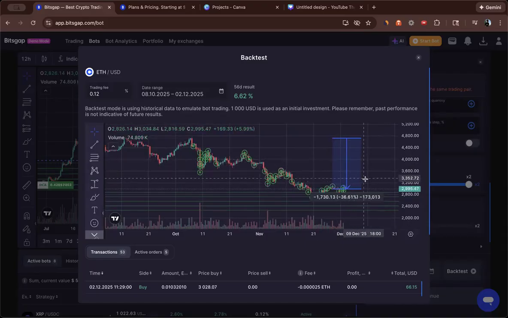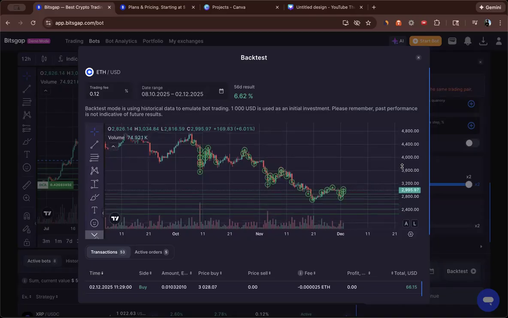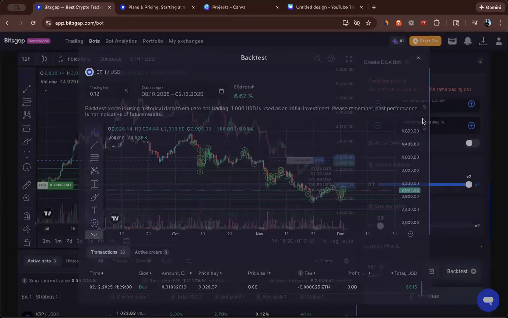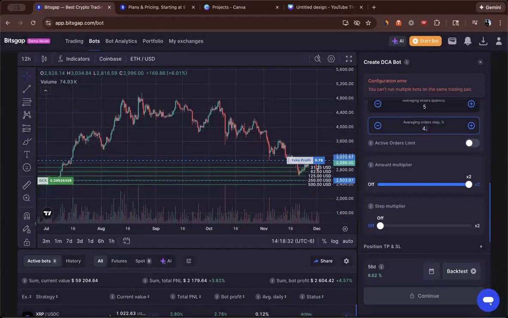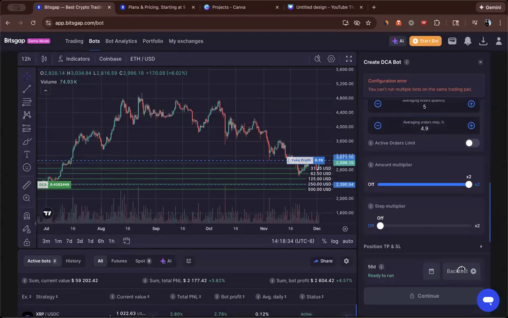Okay, so what we have here is a 36% drop. So I think our Bitcoin drop from the 6 was a 32% drop, but we see quite a bit more of a return from ETH. Let's see what we can do by moving around our step percentage here.